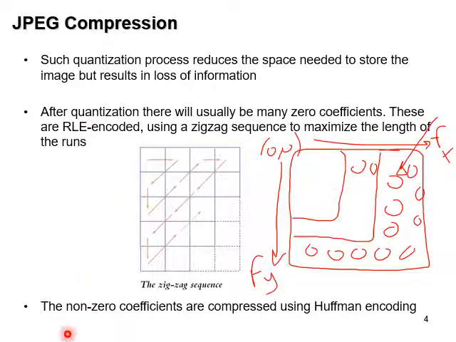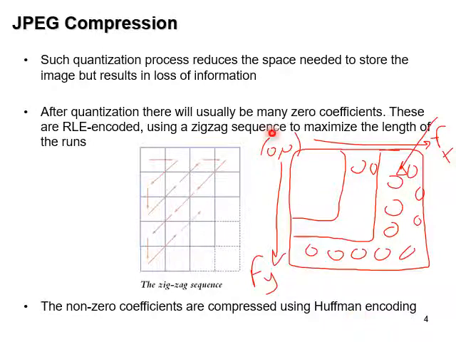Also, the non-zero coefficients, the ones that are not zeros, will not be encoded with run length encoding. We actually compress them using Huffman coding. Based on how frequently they appear, they are compressed using the Huffman coding method that we also explained as a lossless compression method.